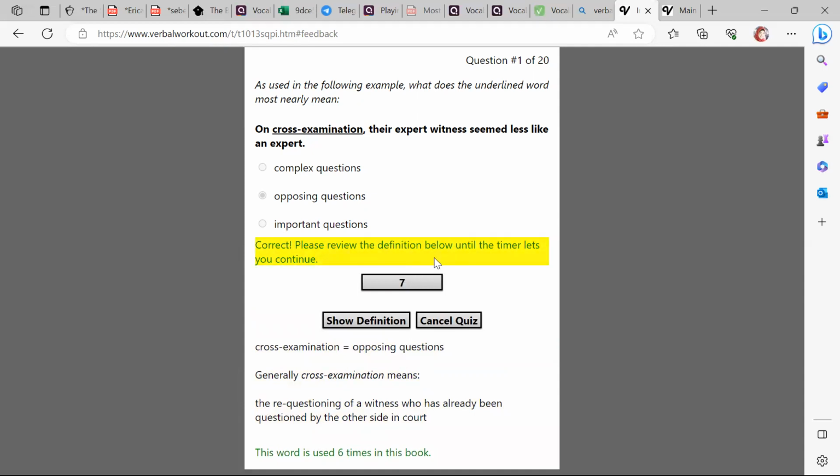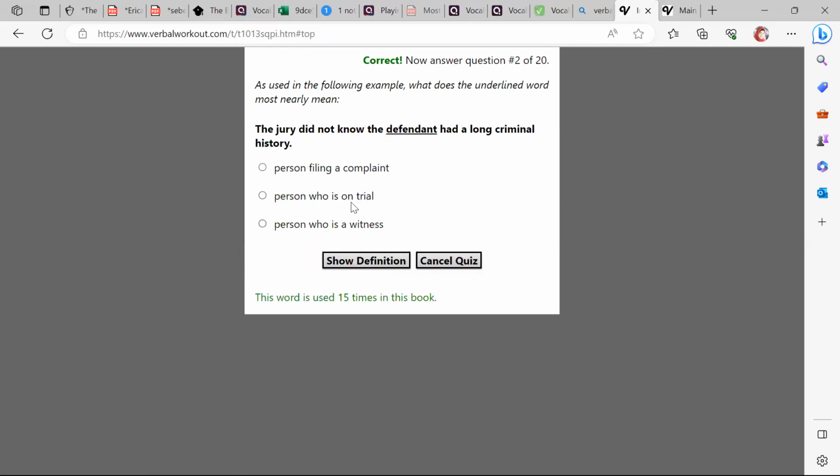Please review the definition below until the time lets you continue. This is the opposing questions. As I told you, we read the definition. So when you marked the wrong answer, you were warned. And now I chose the right answer, and I was told that I was correct. Okay, and you can continue and so on.